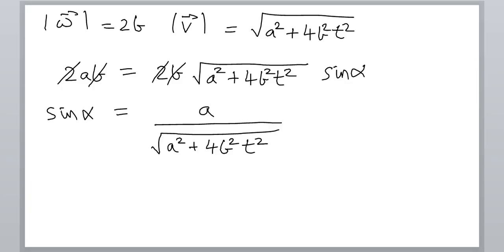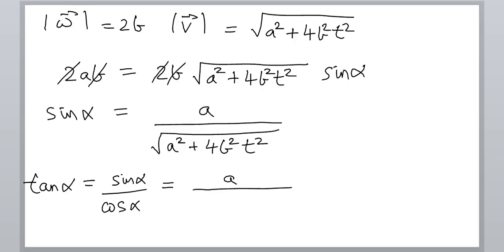Now we need to find tan alpha, but we know that tan alpha is simply equal to sine alpha divided by cos alpha. This is the definition of tan alpha. So this will be equal to a divided by the square root of a squared plus 4b squared t squared, divided by cos alpha. Change the division sign into multiplication sign.